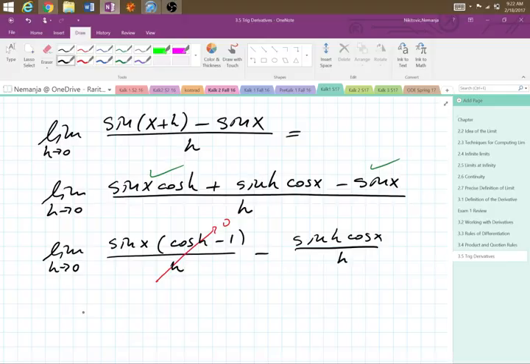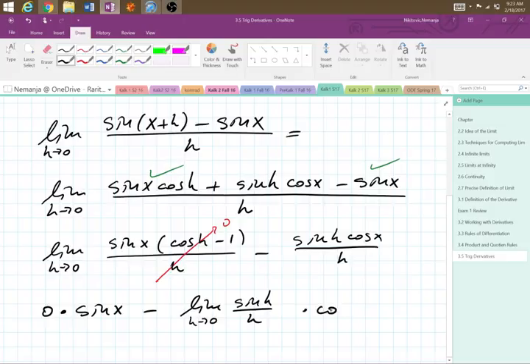So from the first part we just have 0 times sine x. Sorry, 0 times sine x, that's what I meant to write. And then over here you have limit of sine h over h times cosine x.